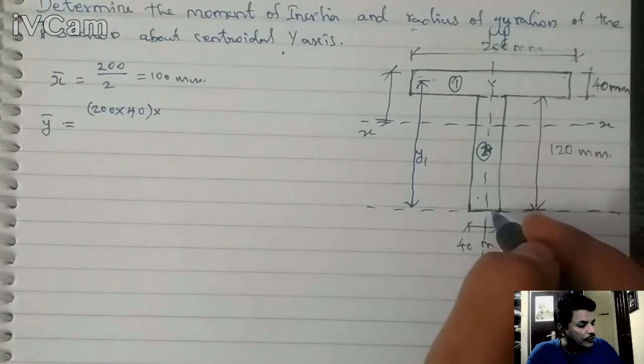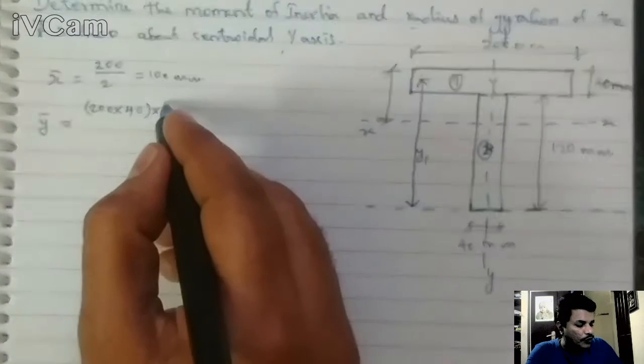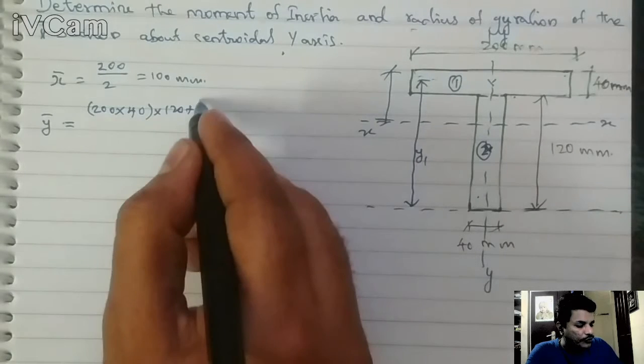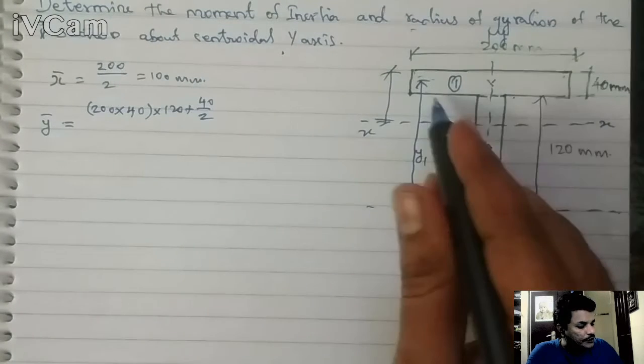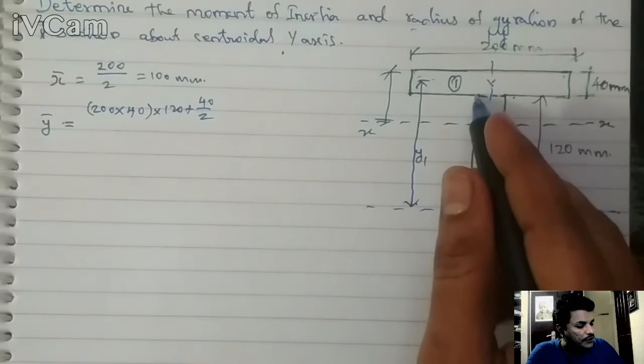How will you calculate y1? First, 120 plus 40 by 2. So from here to here is 120 plus half of this height.